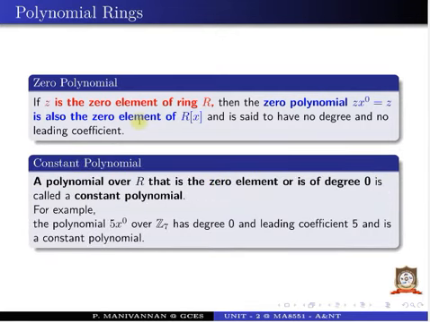A polynomial over R that is the zero element or of degree 0 is called a constant polynomial. For example, the polynomial 5x power 0 over Z7 has degree 0 and leading coefficient 5 and is a constant polynomial. Similarly, instead of 5, we can put 1, 2, 3 and so on up to 6; these are called constant polynomials.